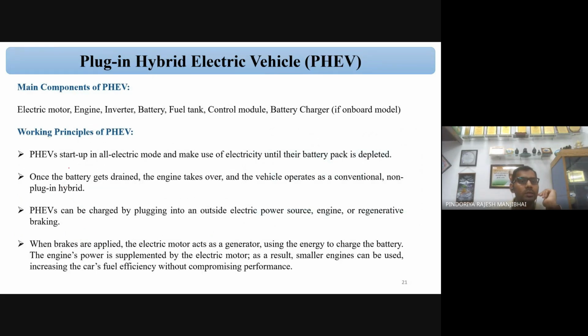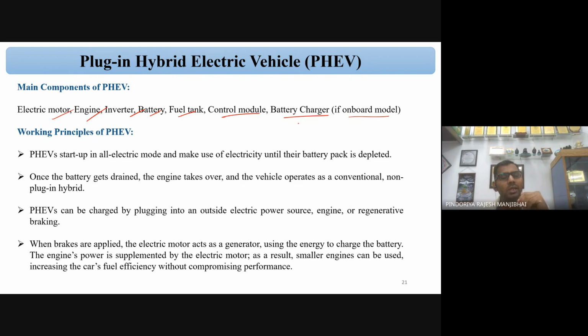So major components are electric motor, engine, inverter, battery, fuel tank, control module, and battery charger. On-board module means that battery charger is available on the vehicle. While running, regenerative braking system applies and battery will charge, but the energy is only 15 to 30%. So ultimately we have to go with the external charger.